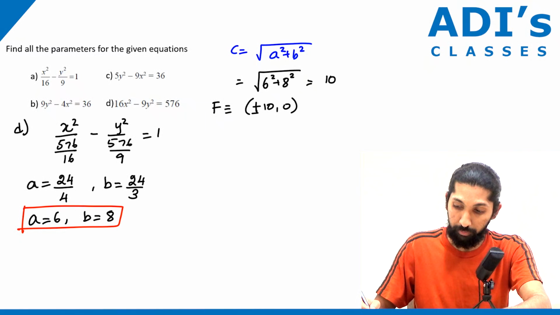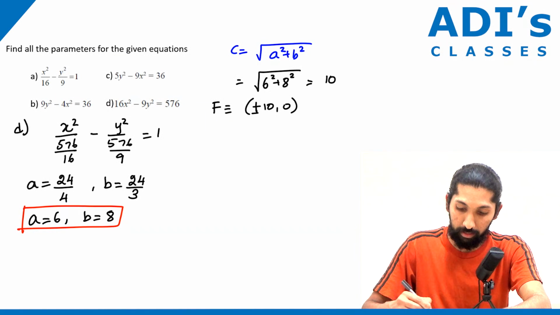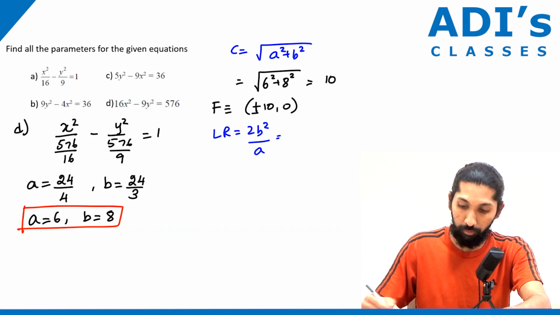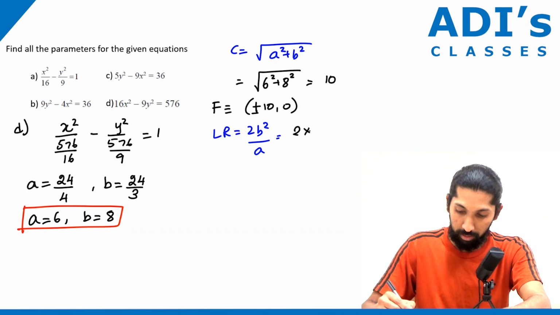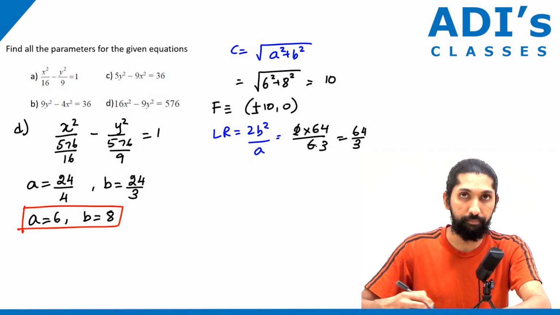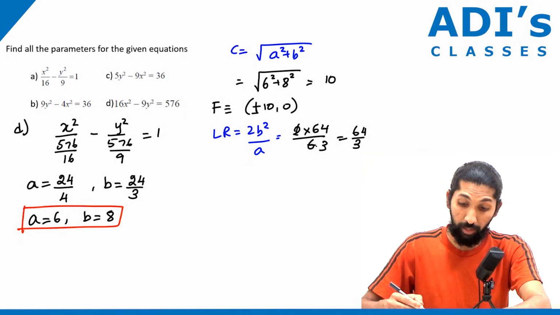Now the next part, we'll calculate LR. So the LR value is 2b square divided by a. So since you have 2b square, 2 into 64 divided by 6, 64 by 3 is the LR, the latus rectum. Then we have the vertices.